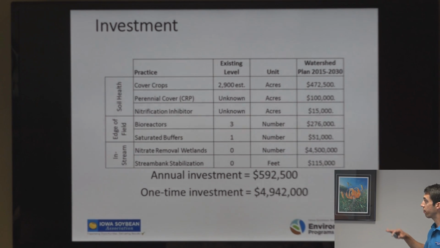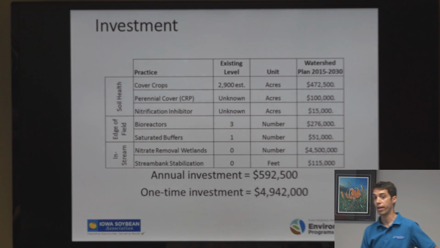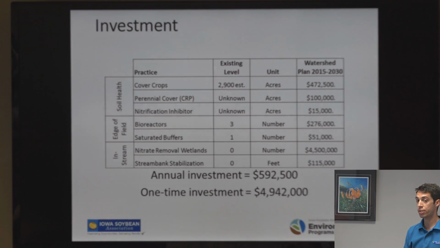So we've estimated the cost for implementing cover crops and paying for CRP, installing bioreactors, saturated buffers, wetlands, things like that, with an annual operating cost of nearly $600,000, and that's based on cost share rates for cover crops and reducing tillage through the Water Quality Initiative project in Miller Creek, and then installation costs for these edge of field and in-stream structural practices that further reduce nutrients in the water. And those equate to nearly $5 million for Miller Creek Watershed. So pretty small watershed, it's around 45,000 acres, or 42,000 acres, excuse me.